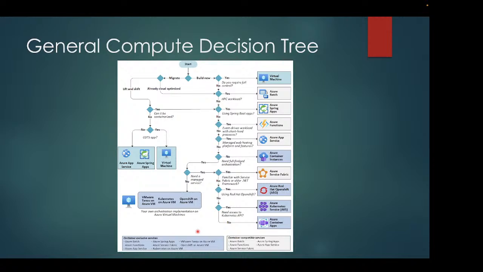And as I already said, usually an organization has its own compute decision tree with recommendations on which ones to use. So this is a very general one. If you are trying to go with something, you might find this useful, but in an organization, usually you need to have your own, because not all services will be necessary for the organization.